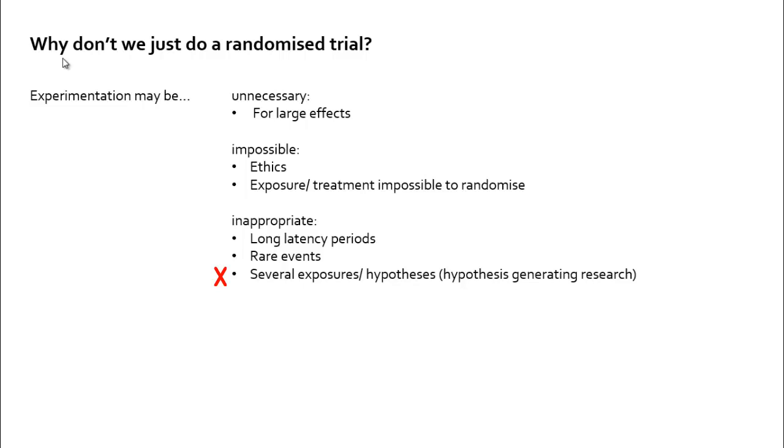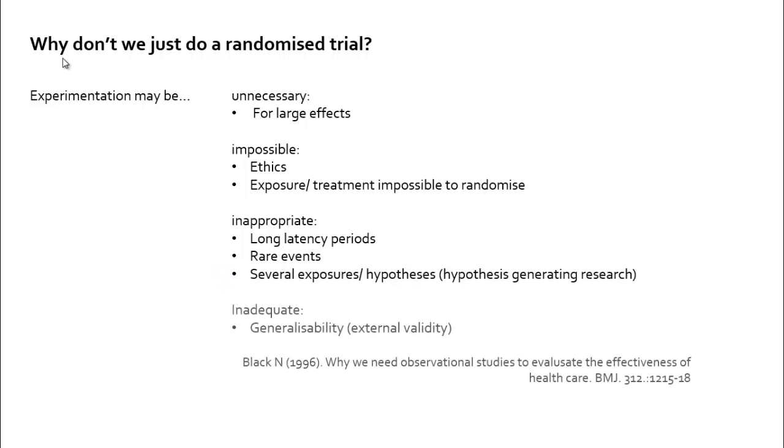Often we can only look at 2 or 3 different groups. An observational study, on the other hand, may allow many different explanatory variables to be explored. So randomised experiments are often designed to answer a single question. When there are many questions, an observational study can be useful.